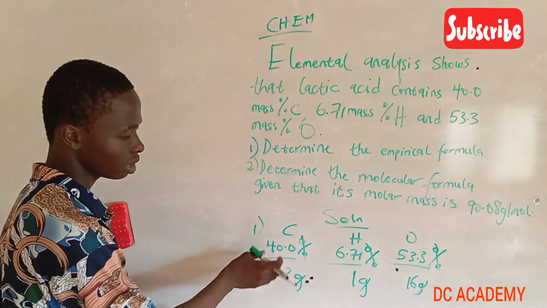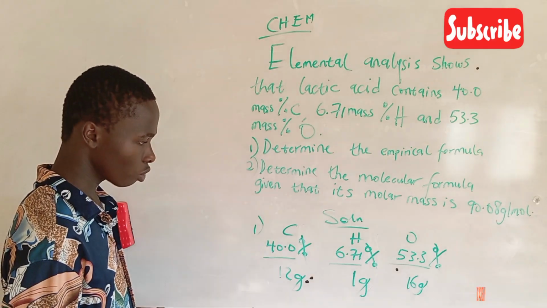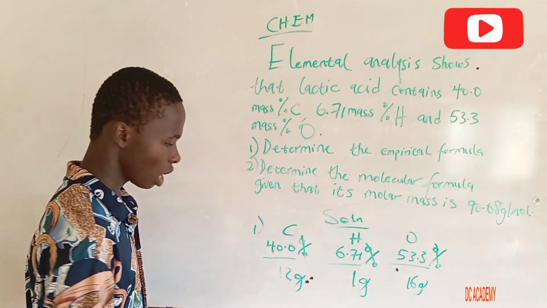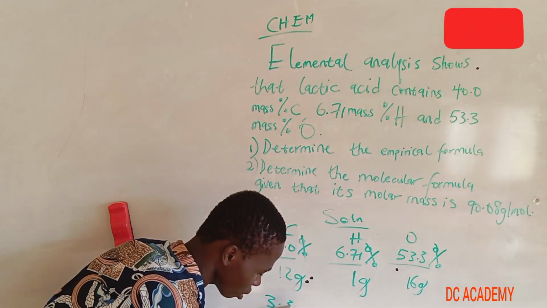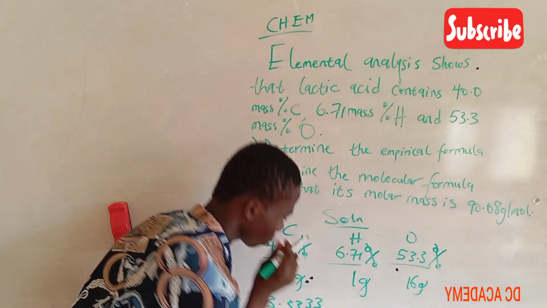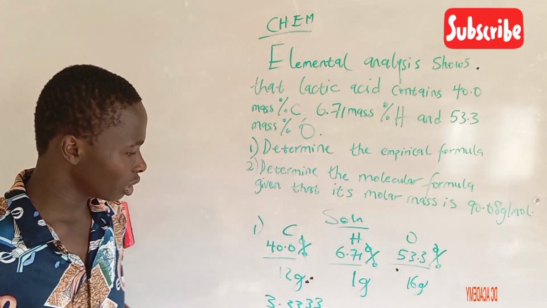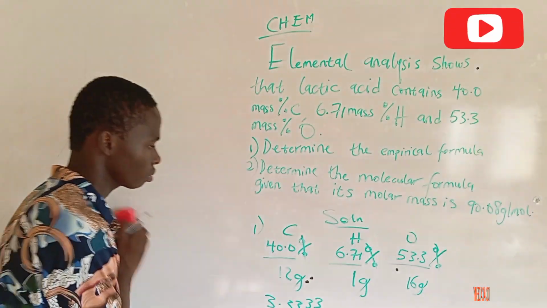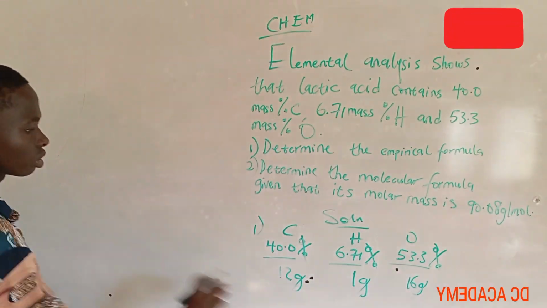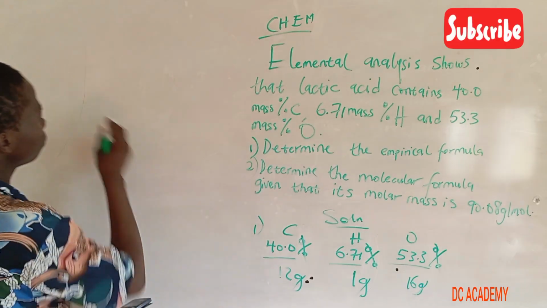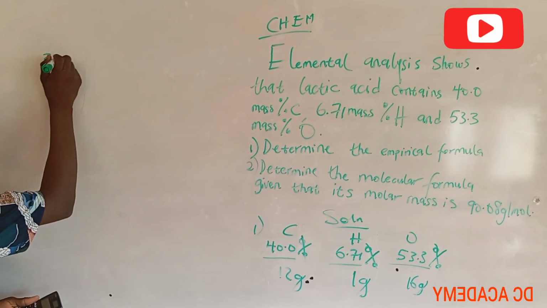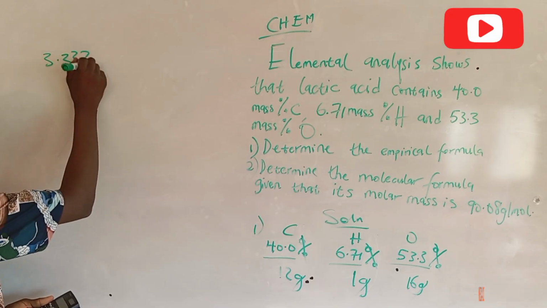The first step is what? Divide. When you divide 40.0 by 12, you have 3.3333. At this point, just keep your decimals to 4 places. For carbon, you have 3.3333.